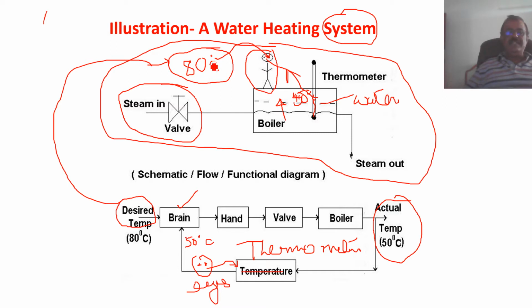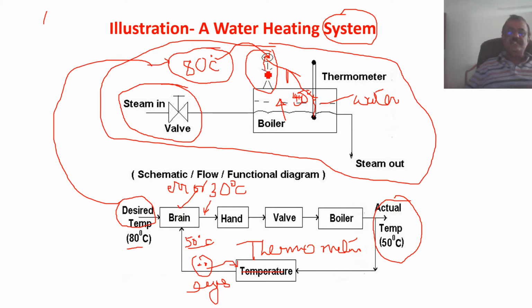In his brain, the set value is 80 degrees Celsius, and the brain generates an error. The error is the difference. This is 50 degrees Celsius, here 80 degrees Celsius. So the error value is something like 30 degrees Celsius. The brain generates the error.